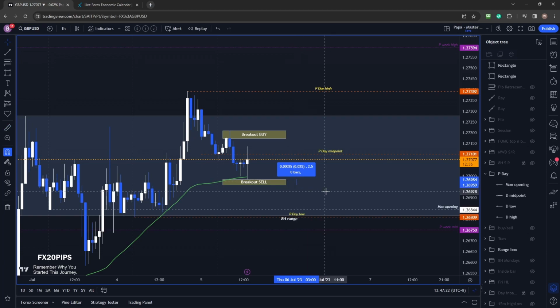This is now about 2.5 pips, so that's acceptable to me. So the idea is that since today's low is here, if you think the price will keep going lower, it has to first close below this wick, isn't it?